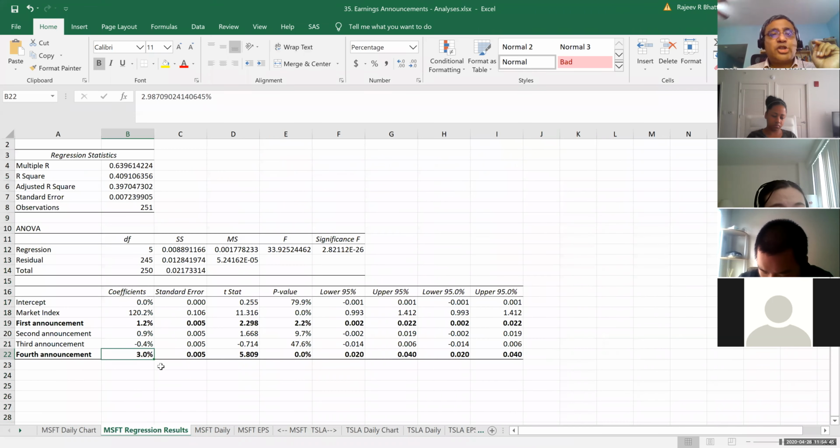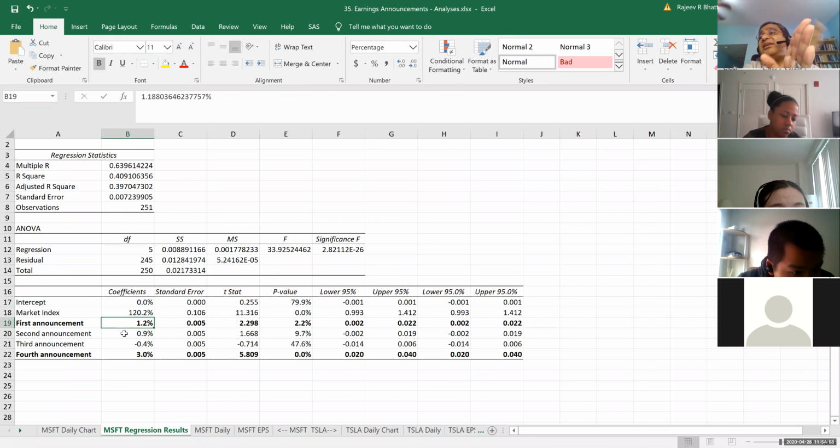When we do the regressions, this is the result we get. The first announcement's coefficient is 1.2%. Remember from the event studies we did earlier, this is the lambda on the particular event. It represents the abnormal return that you can attribute to that particular event, controlling for the market. So that is significant.